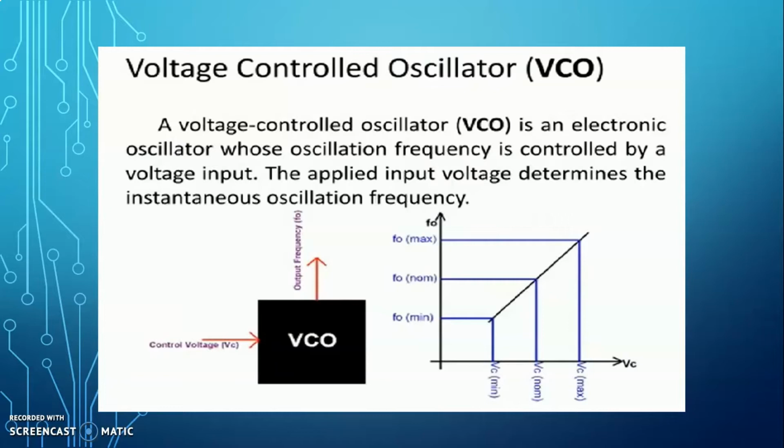But in a voltage controlled oscillator, the output frequency of oscillation can be controlled by varying the control voltage. There are two types of voltage controlled oscillator: relaxation oscillator and harmonic oscillator.